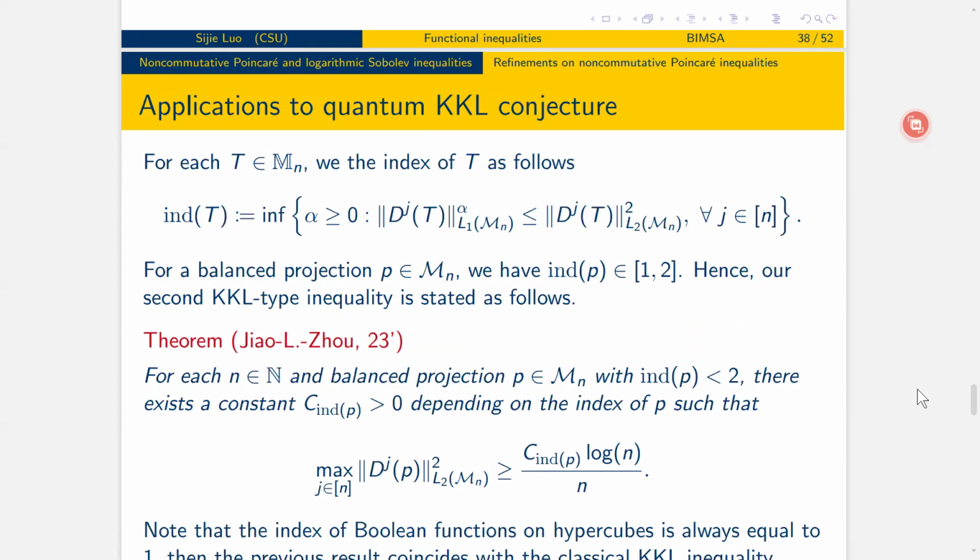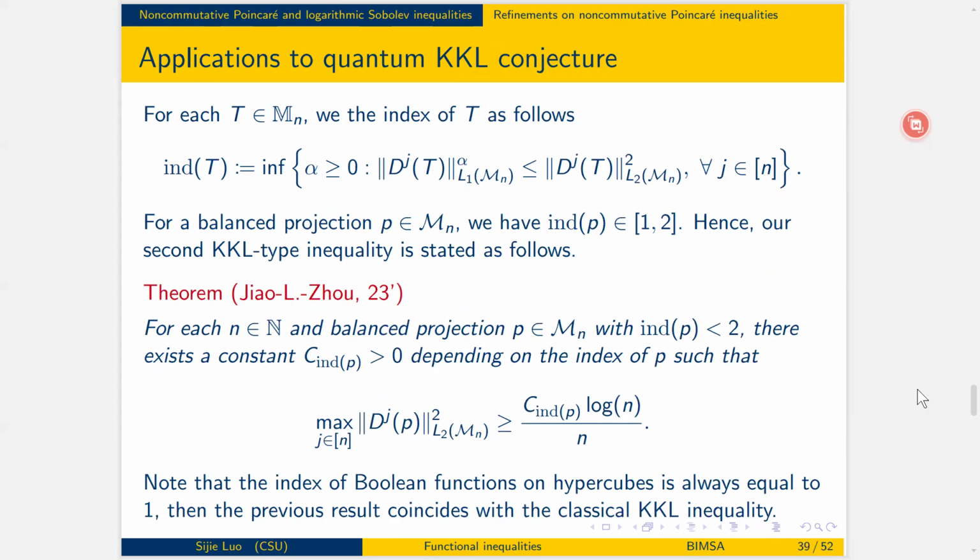And second application, we'd like to measure how non-commutative a quantum Boolean function is. Then we use something like the index alpha here to compare the L2 influence and the geometric influence. Then we can prove that for every balanced projection from the CAR algebra, the index always belongs to 1 to 2.